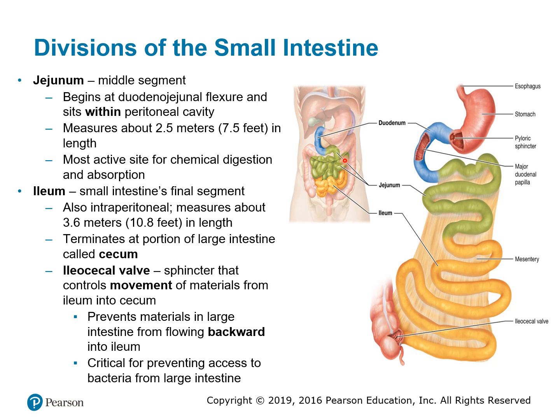The jejunum, in green, is about 2.5 meters, or 7.5 feet, long, and it is where chemical digestion and absorption are most active. So here's where most of the enzymes are released, and the absorption happens as well. The portion following the jejunum is the ileum, which is the final segment of the small intestine.